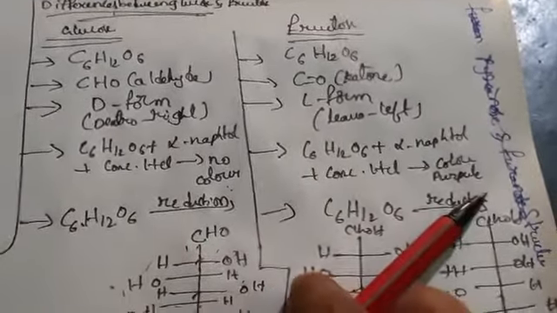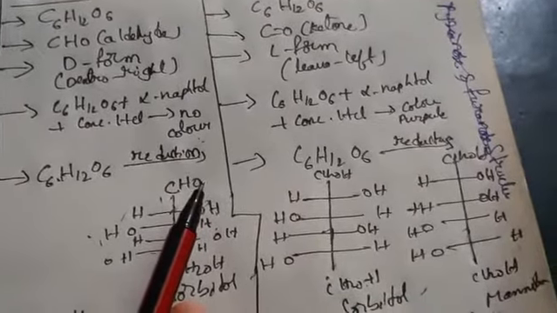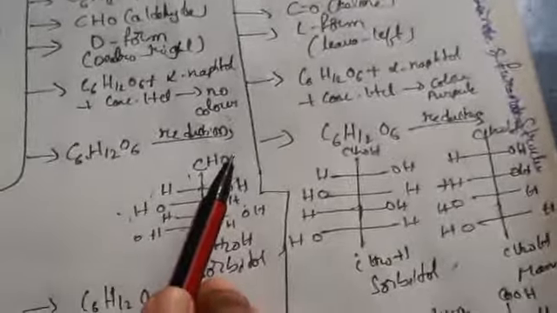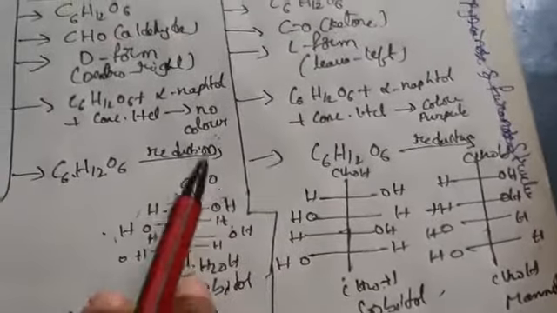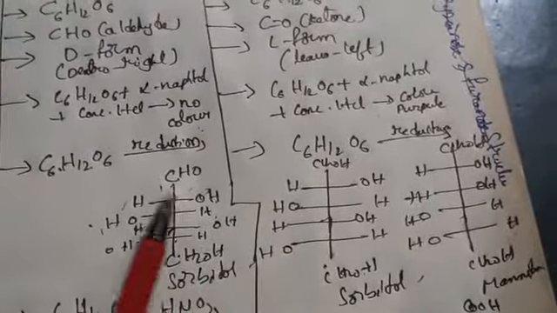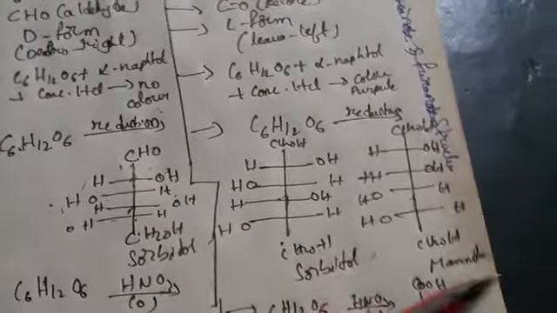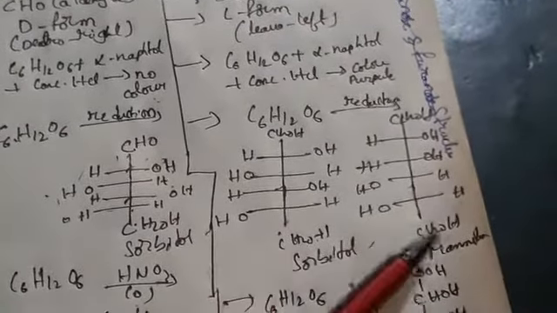It gives purple color. When glucose is reduced, meaning we add H2 with Pt or nickel, it forms only sorbitol. Sorbitol means the OH groups are in opposite directions. Coming to here, two types of isomers are formed, one is sorbitol, another one is mannitol.